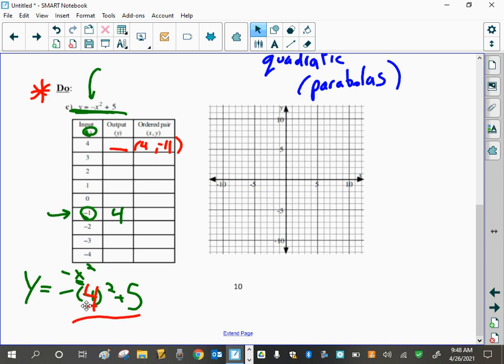That's why this negative would stay out in front the whole time. That's a super question. So you've got to do exponents first and then multiply that negative one out in front.